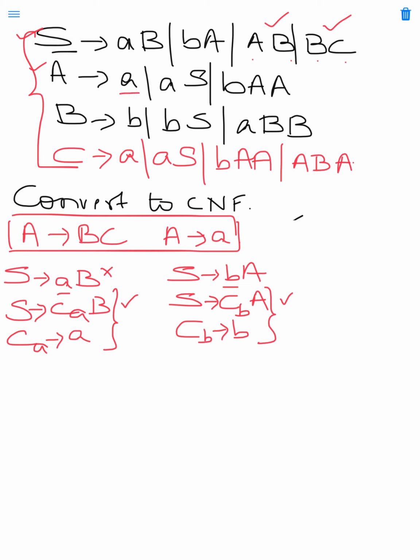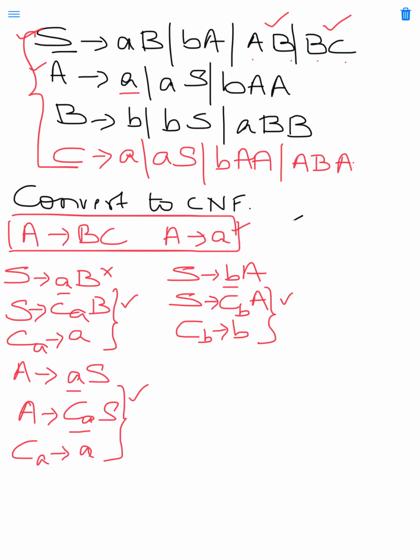It is in CNF. This satisfies this rule. Consider the next production, that is A gives aS. So how you have to write? A gives CAS. In place of a you have substituted this CA, CAS, A.